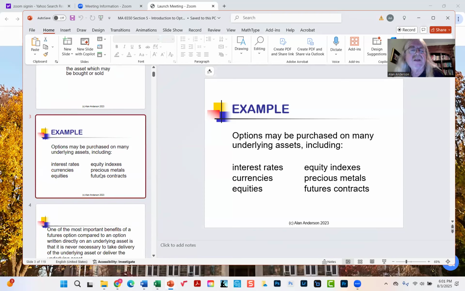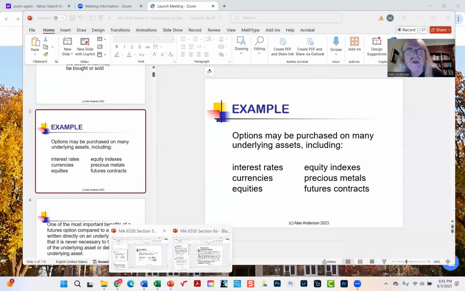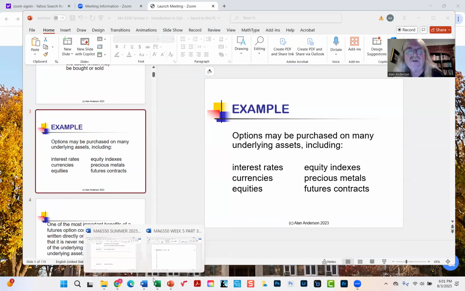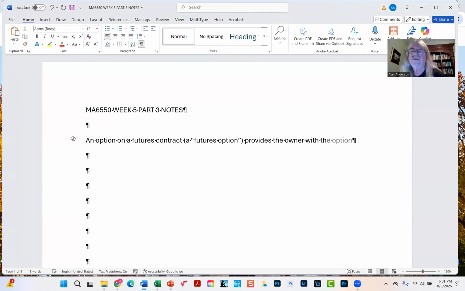Well, what's actually happening there is that you're buying the right to enter into a futures contract with a specific price. So in other words, an option on a futures contract, which by the way is known as a futures option, provides the owner with the right to enter into a futures contract.